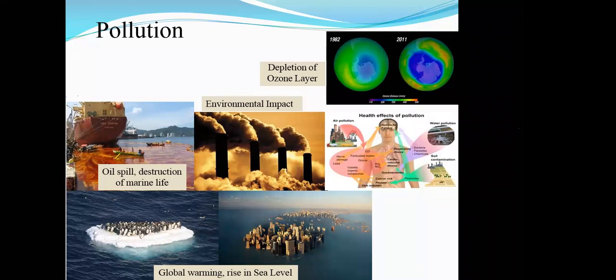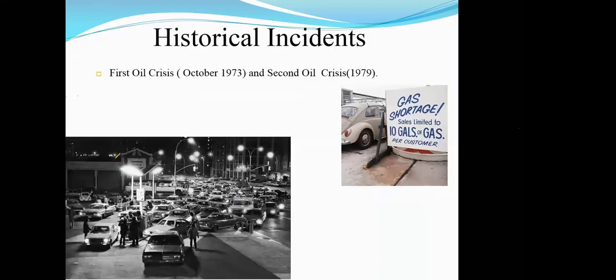And there have been other issues also in the history, because of which our focus is shifting from these fossil fuels. You might have heard of the first oil crisis and the second oil crisis.